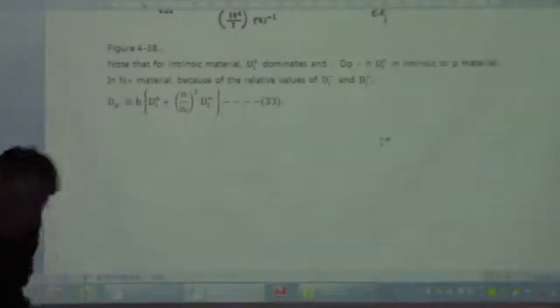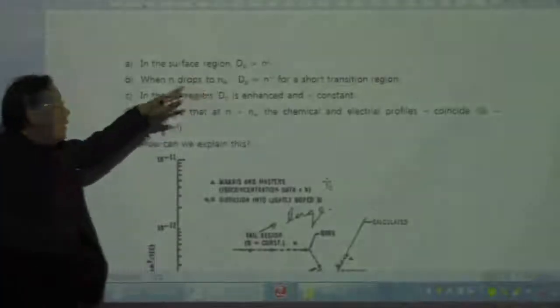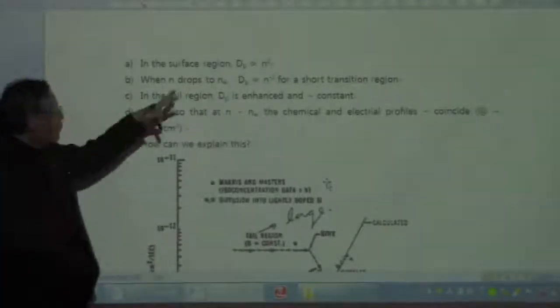So that's what we expected, and in the experiment, it really says that at the surface, the diffusion coefficient is proportional to n squared.